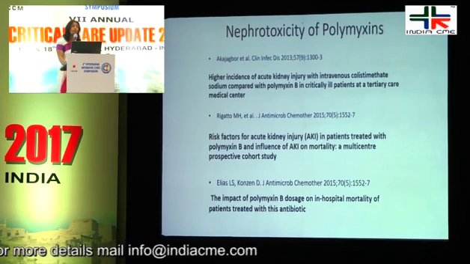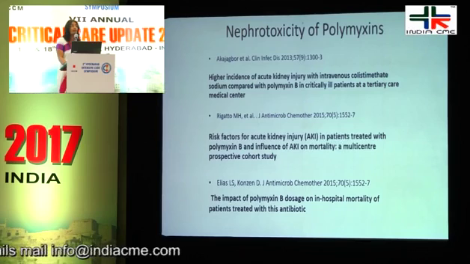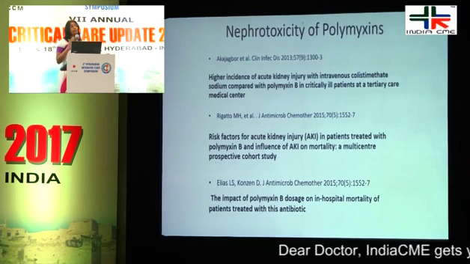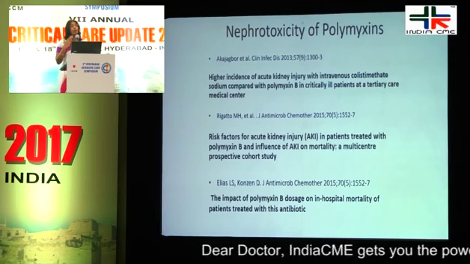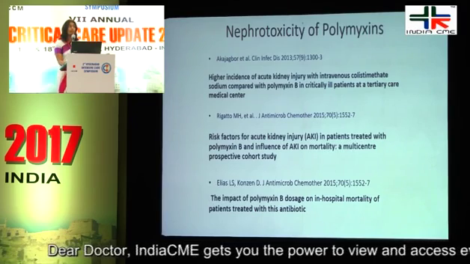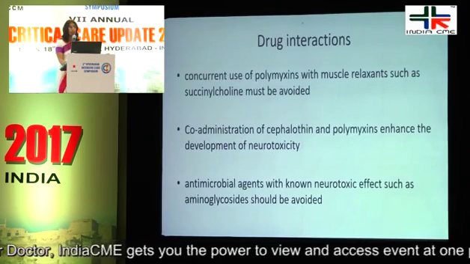There is a signal from these studies that if we dose polymyxin B at the higher end of the spectrum, we may be causing nephrotoxicity, but when we give lower doses, we are preventing nephrotoxicity at the cost of attaining reduced serum concentrations and thereby causing unfavorable outcomes.